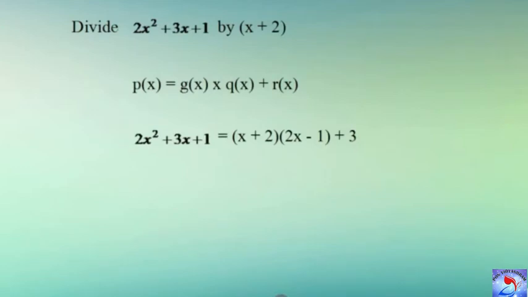We know if a polynomial p of x is divided by a polynomial g of x, we can write p of x as g of x into q of x plus r of x, which is what we are going to write for the given example. That is, 2x square plus 3x plus 1 can be written as x plus 2 into 2x minus 1 plus 3. You can very well see this is your p of x, this is your g of x, this is your q of x and this is your r of x.